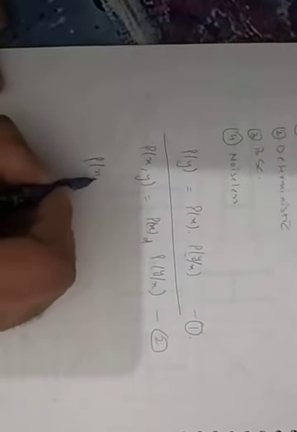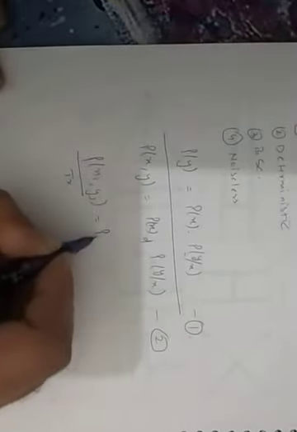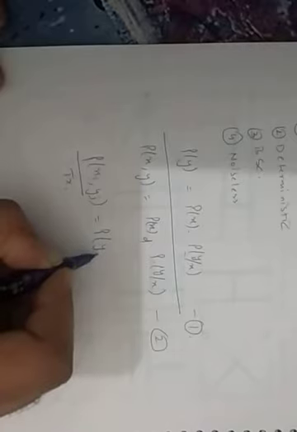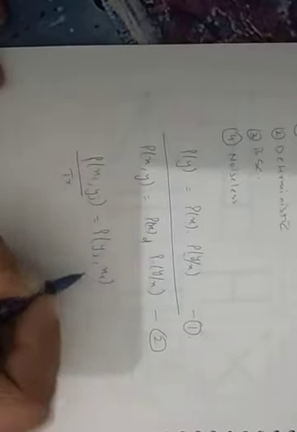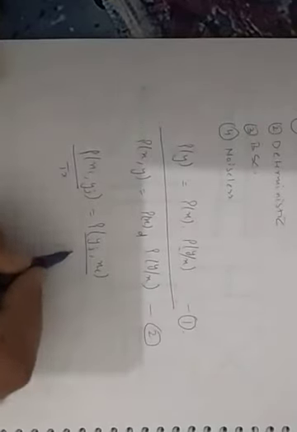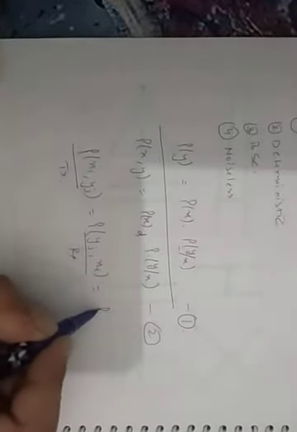There is one more thing that we need to know: the joint probability when seen from the transmitter side and the joint probability when seen from the receiver side are both one and the same thing. So whether we are seeing from the transmitter side or from the receiver side, its value is P(xi) into P(yj/xi).